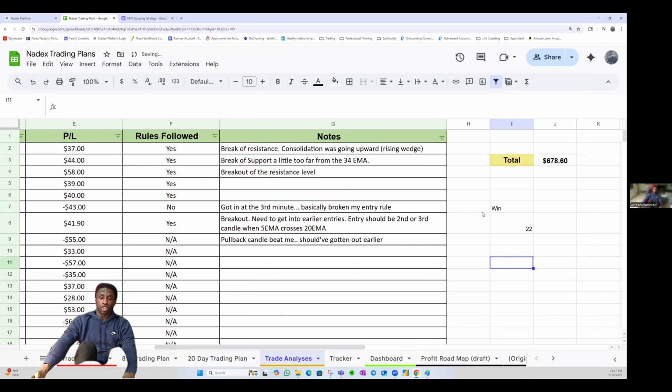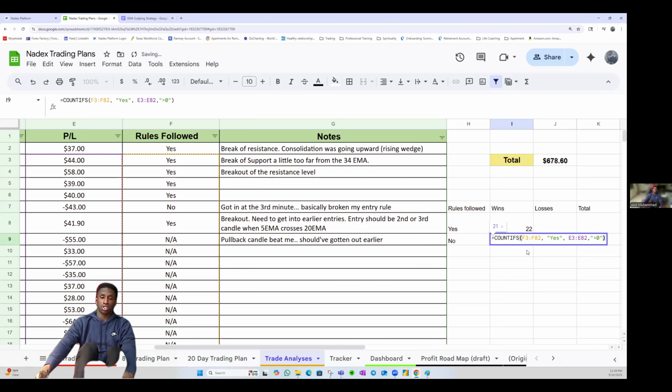So we're gonna have rules followed: yes, no. Wins. We're gonna drag this down here, because this is just gonna go back to F2, 81.